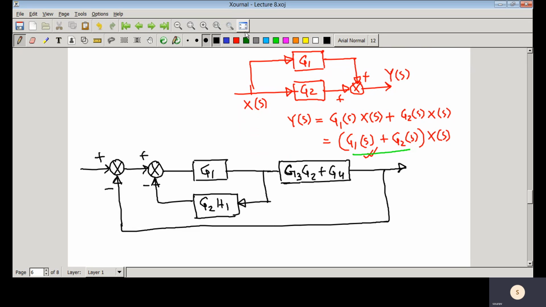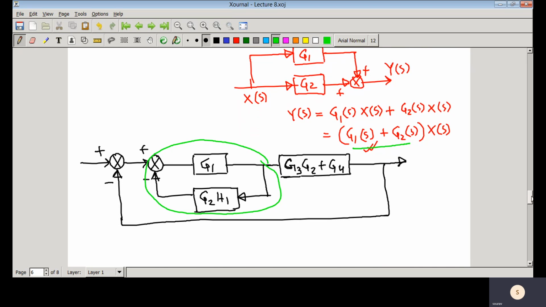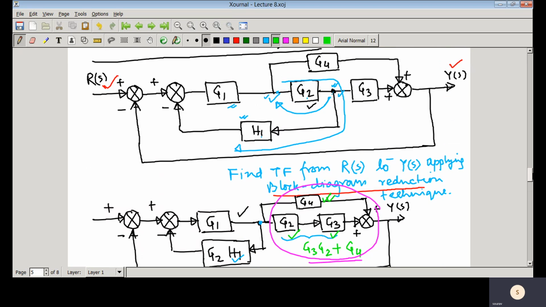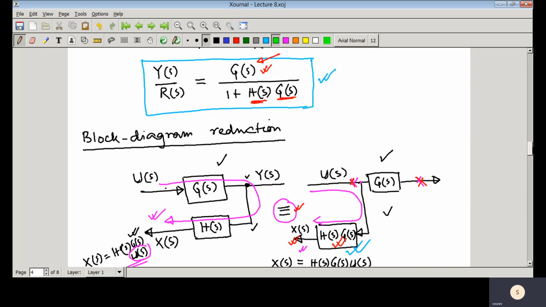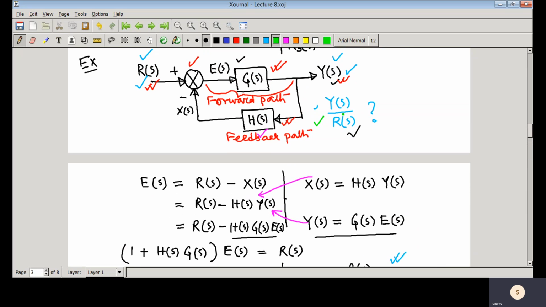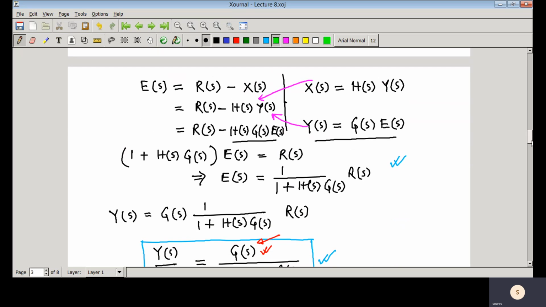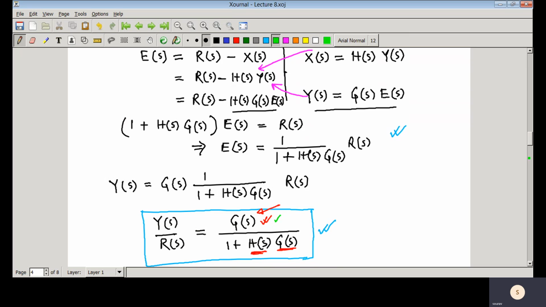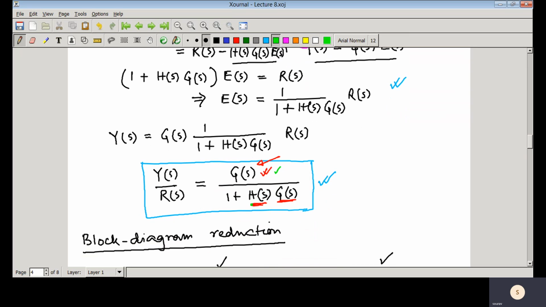Now we'll be concentrating on this particular loop, and you can see here that this loop and that loop are the same. So what is the transfer function from input to output? That is the forward path transfer function, Gs, divided by 1 plus the feedback path transfer function and the forward path transfer function.